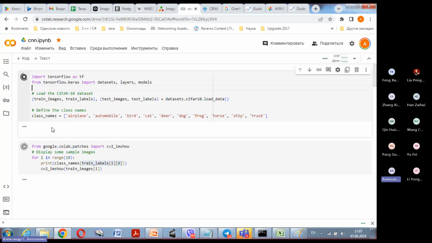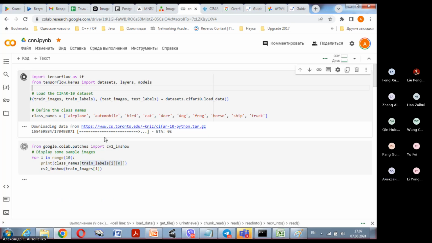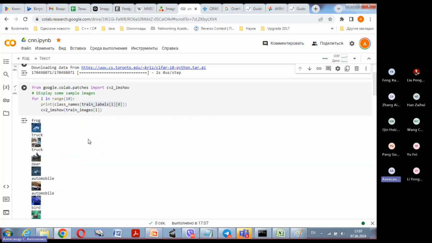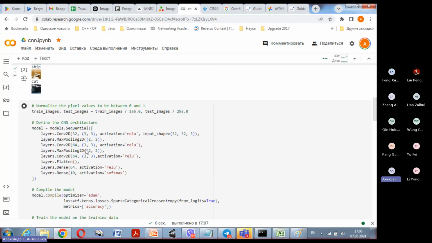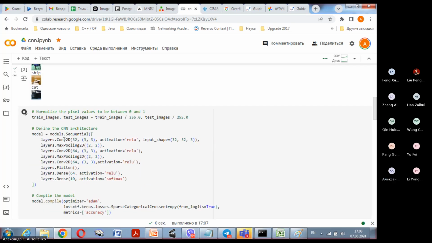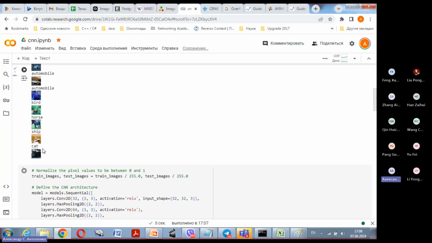So at first it's downloading this data, this number of bytes. Google downloads very fast. It downloads approximately 170 megabytes.